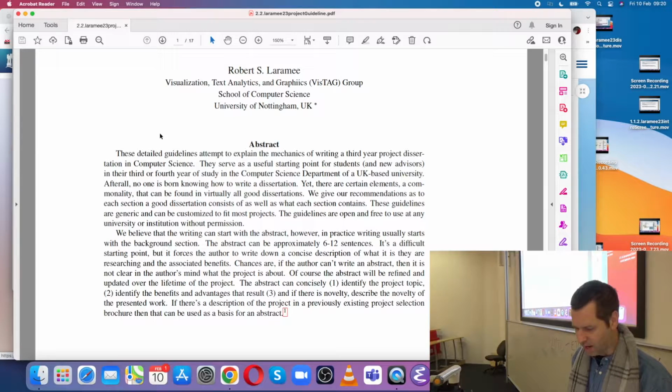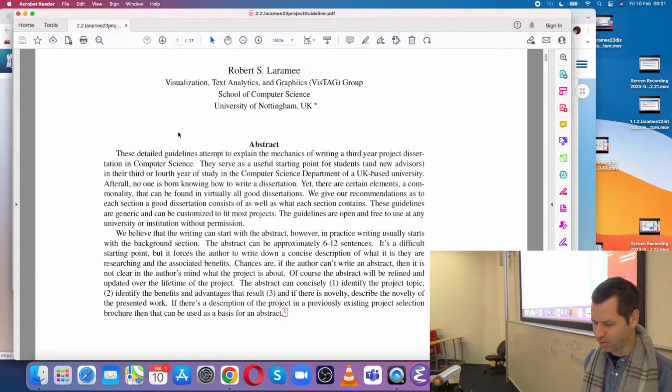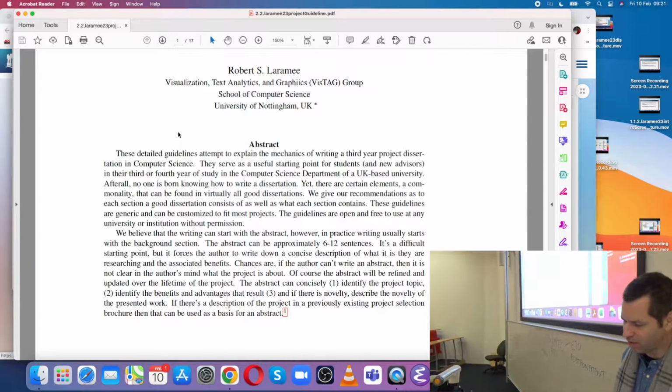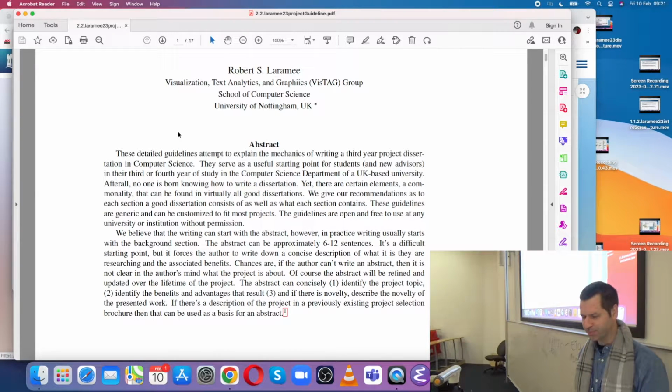These detailed guidelines attempt to explain the mechanics of writing a third-year or master's project dissertation in computer science. They serve as a useful starting point for students and new advisors in their third or fourth year of study in the computer science department of a UK-based university. After all, no one is born knowing how to write a dissertation, yet there are certain elements that can be found in virtually all good dissertations.